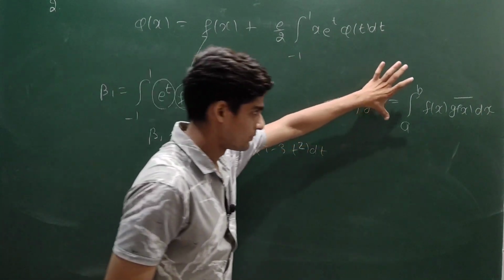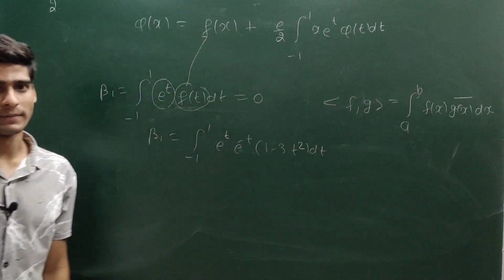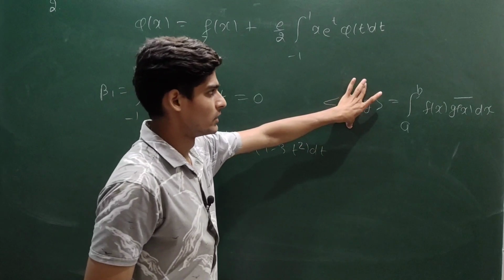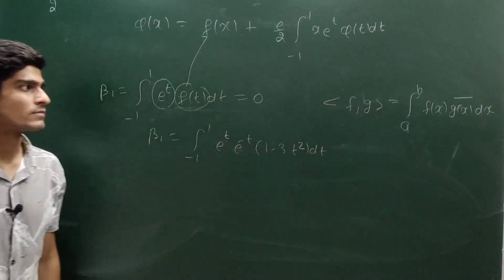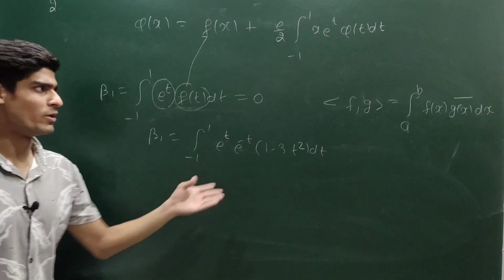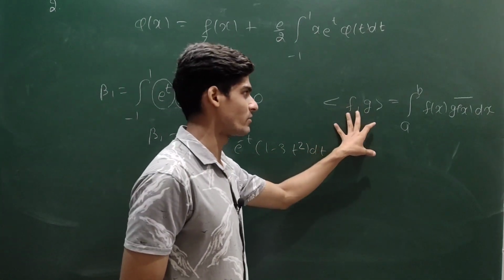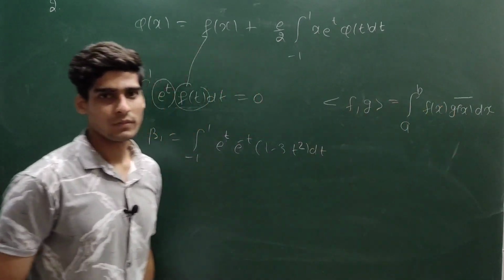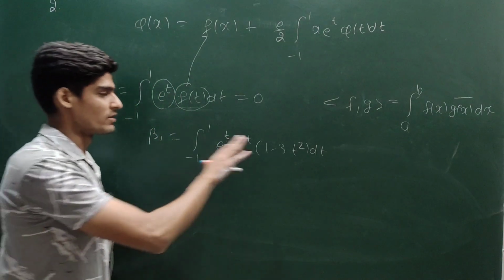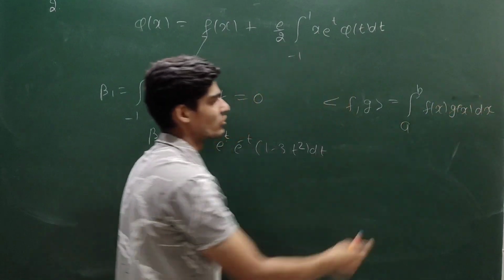So this is the standard integral inner product on the set of all continuous functions. The functions may be real valued or complex valued, and it will be an inner product. But if it is real valued, you can remove this conjugate.